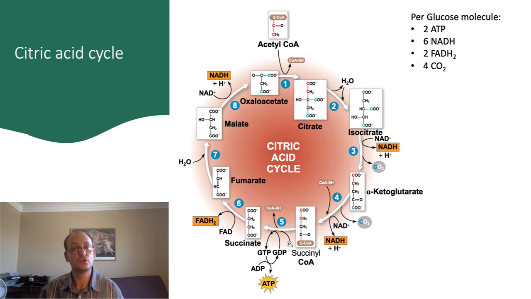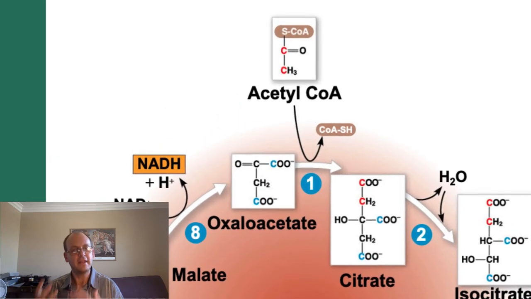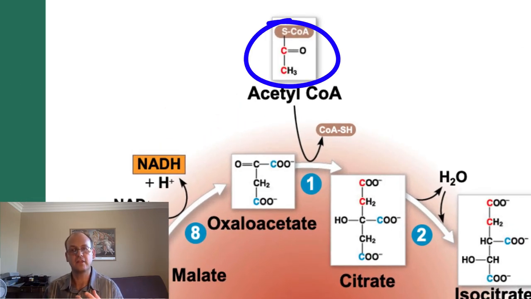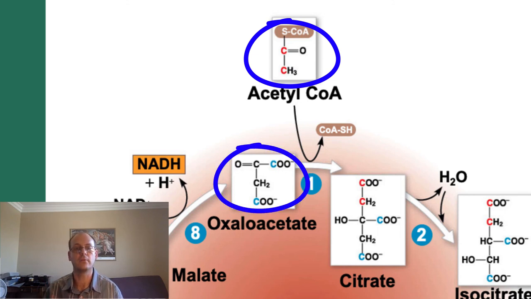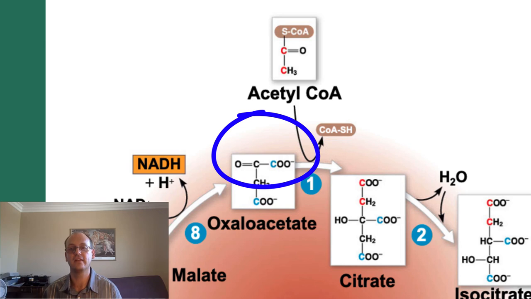Acetyl-CoA is a 2-carbon molecule attached to coenzyme A. The coenzyme doesn't really play a role in the citric acid cycle, and it's returned. Therefore, at the beginning of the cycle, a 2-carbon molecule effectively joins with a 4-carbon molecule, oxaloacetate, to form the 6-carbon molecule citrate.